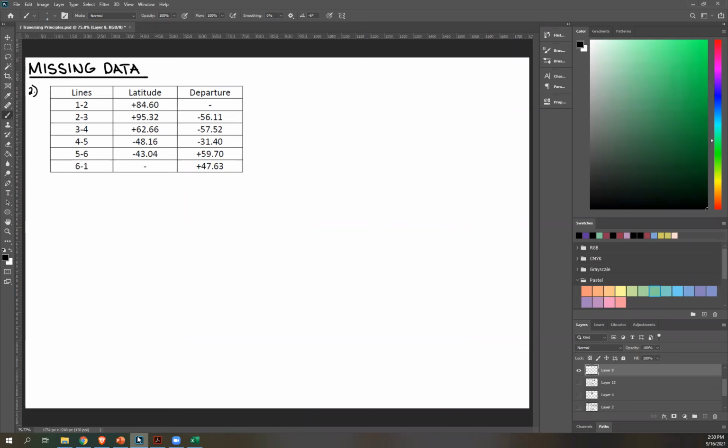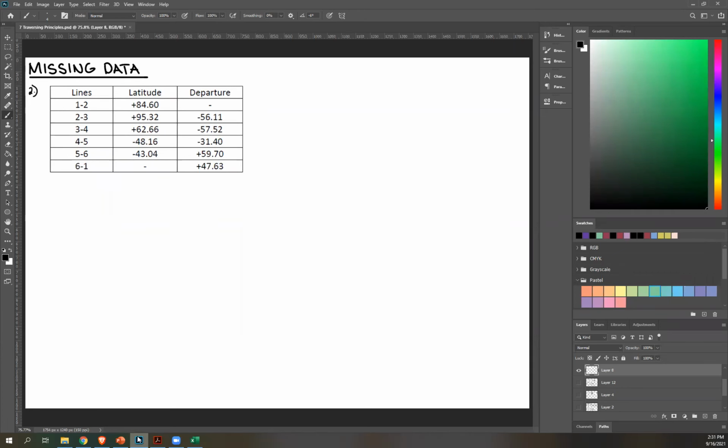To get DMD, you're going to recall again our principle for latitudes and departures. Remember, summation of latitude for a closed traverse should be 0. Same with summation of departure for a closed traverse should be 0.